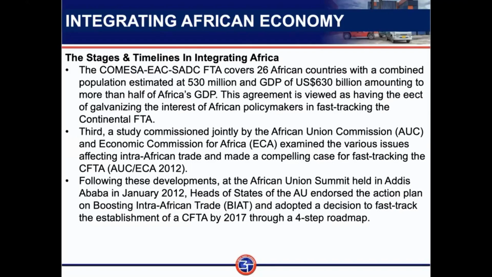Third, a study commissioned jointly by the African Union Commission and the Economic Commission for Africa examined the various issues affecting African trade and made a compelling case for fast-tracking the Continental Free Trade Agreement.